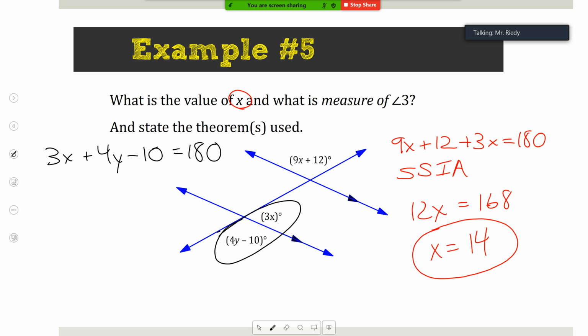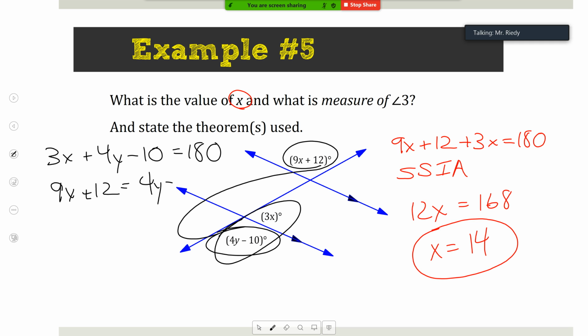I also realized that the 4y minus 10 and the 9x plus 12 are alternate exterior angles, which makes them equal. So 9x plus 12 would be equal to 4y minus 10. Oh, look, we've got a nice little system there. Again, not the method that most of you would use, but another possibility to solve the problem.